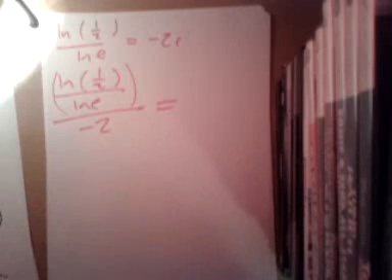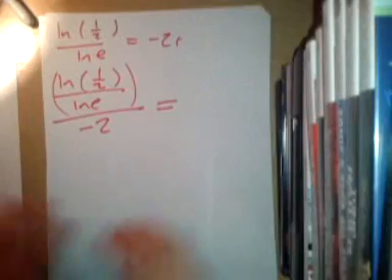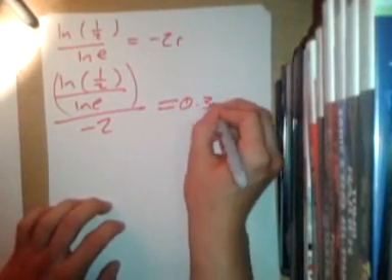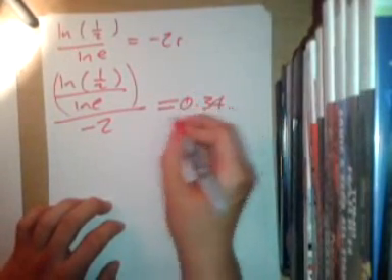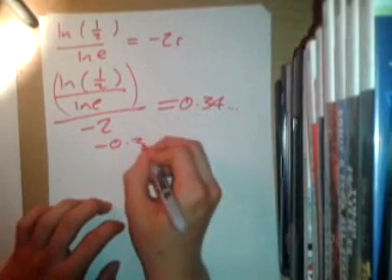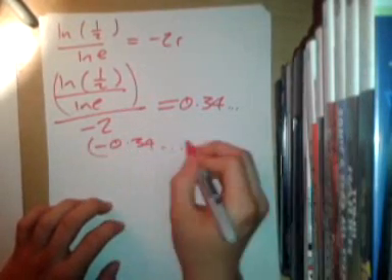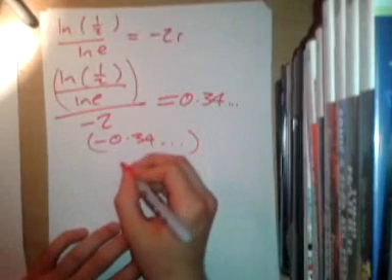We want the negative value, so just put a negative on it. As you can see, positive value 0.3465 dot dot dot. So we want minus 0.34 dot dot dot. That is our rate of decay.